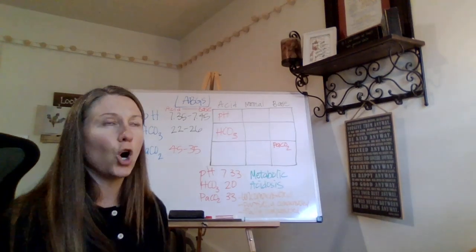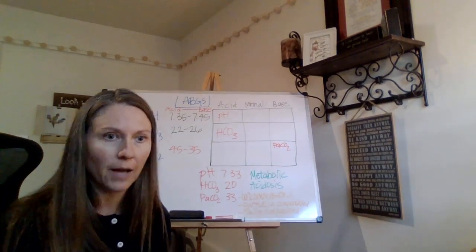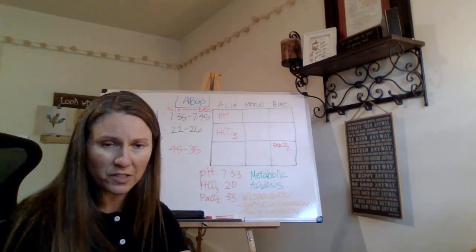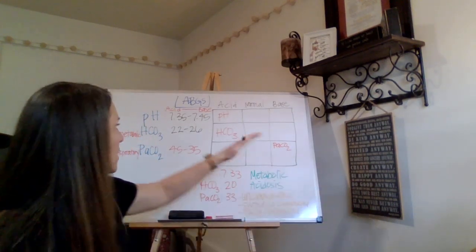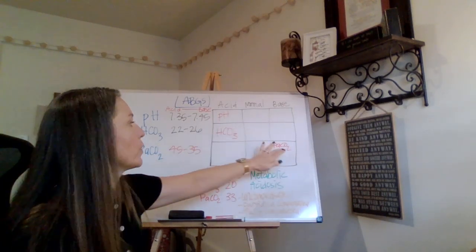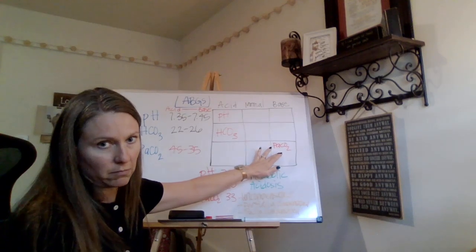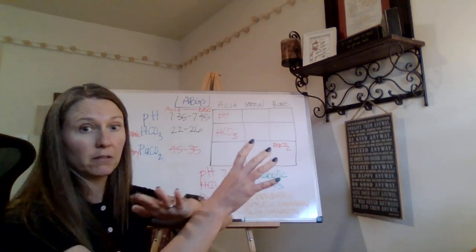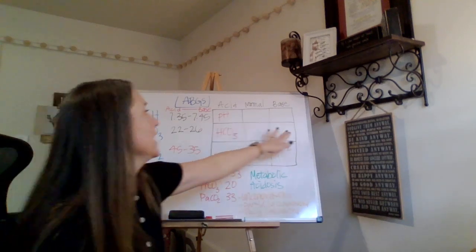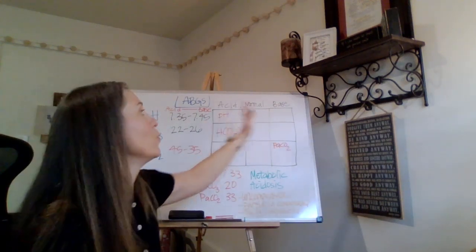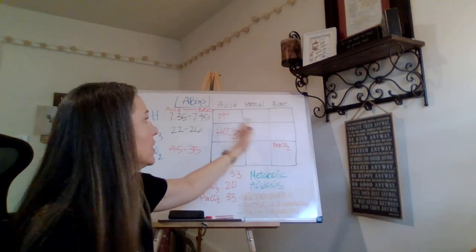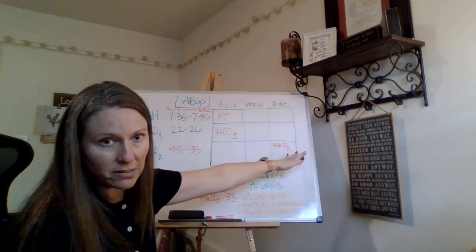I always tell students I've taught, it's kind of like you can't fix yourself, you have to go to a therapist. Metabolic can't fix metabolic. Respiratory has to help fix metabolic, and vice versa. If it was PaCO2 over here, HCO3 would be the one in a partially compensated situation needing to pull base.